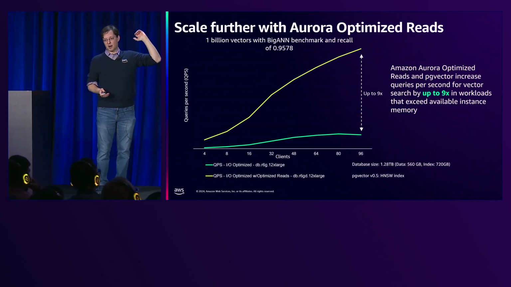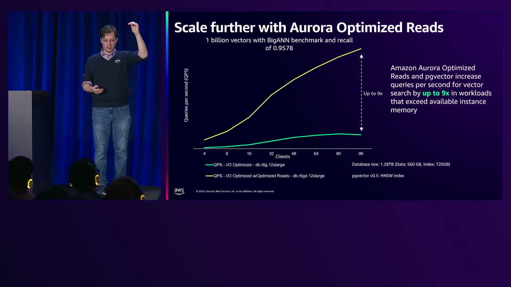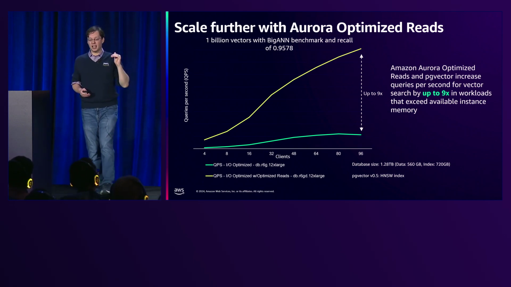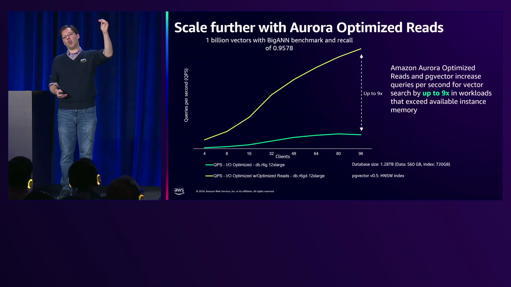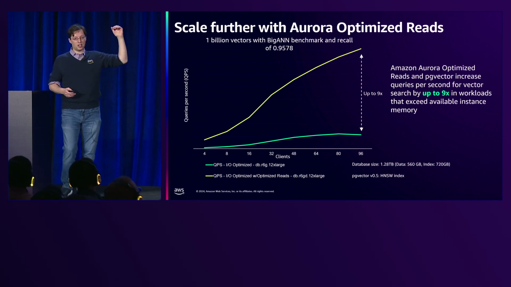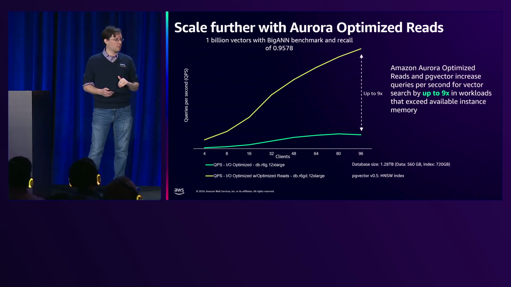It turned out that the optimized reads instance was 9x faster, particularly when we were really thrashing the memory and constantly calling things in and out of memory. Again, that's where the NVMe layer helps, because instead of having to go all the way across the network to retrieve the page evicted from memory, we only had to go to the local NVMe.